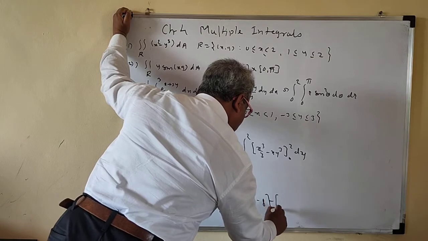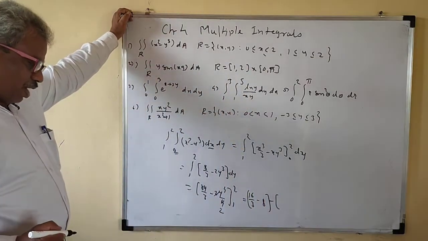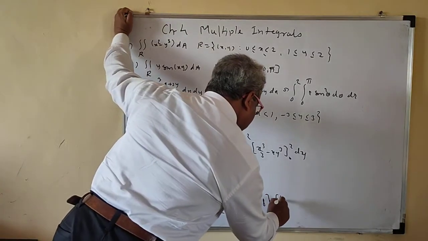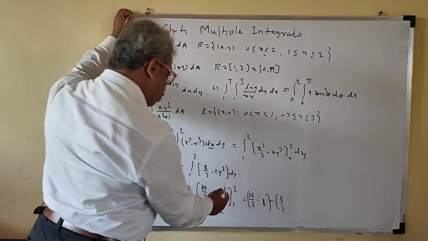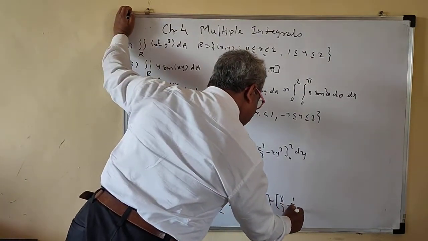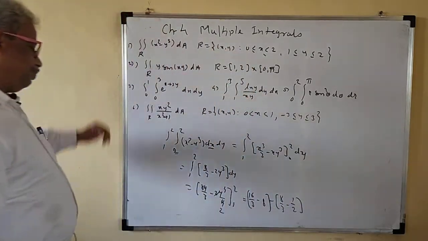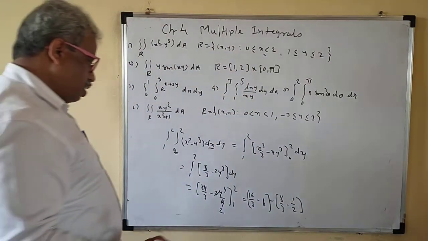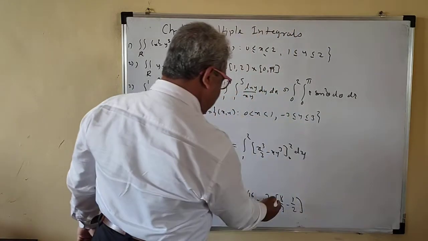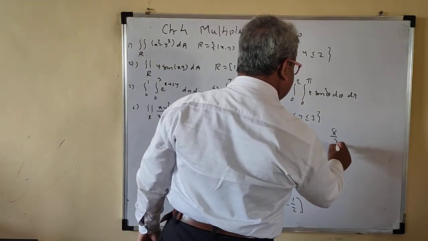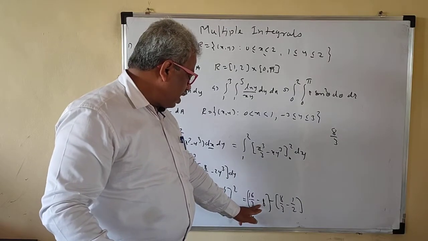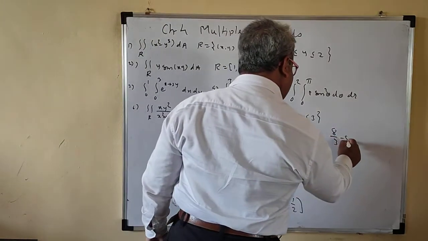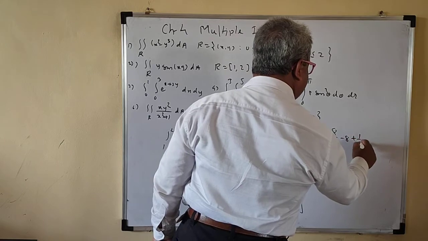This will be 8 minus, you have to put y equal to 1. So this is 8 by 3 minus 1 half. Now this is 16 by 3 minus 8 by 3, which is 8 by 3, so this is minus 8 plus half.